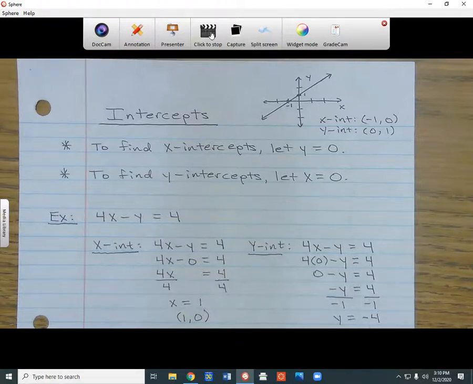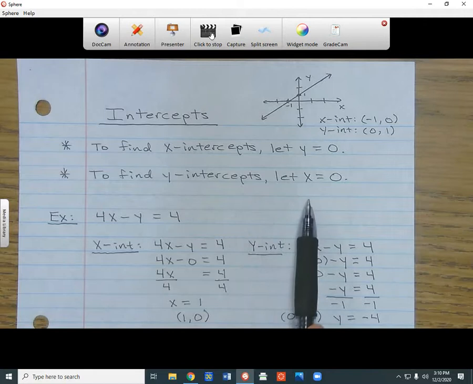So the graph is going to cross the y-axis at -4. So the way I'm going to write my point is 0, -4. Notice that my y is -4, but my x is 0.